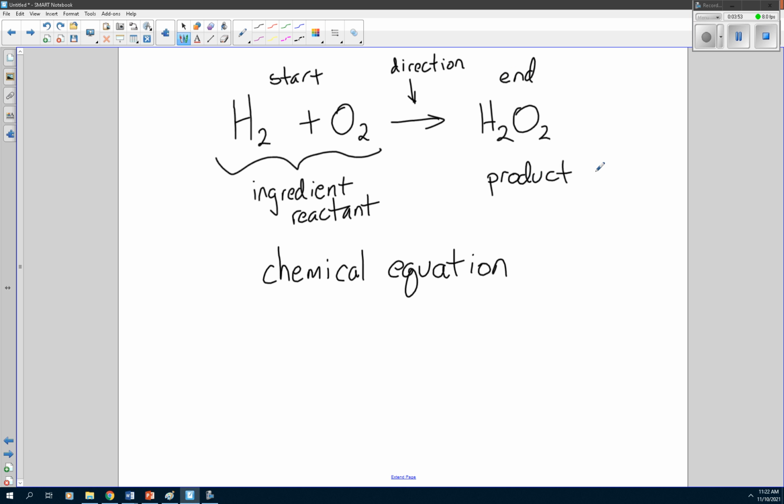Now, in this chemical reaction, we are taking hydrogen and oxygen, and you notice it's not just H and O, it's actually H2 and O2. And that's simply because that's the way hydrogen and oxygen are found, packaged together, at least in this universe.